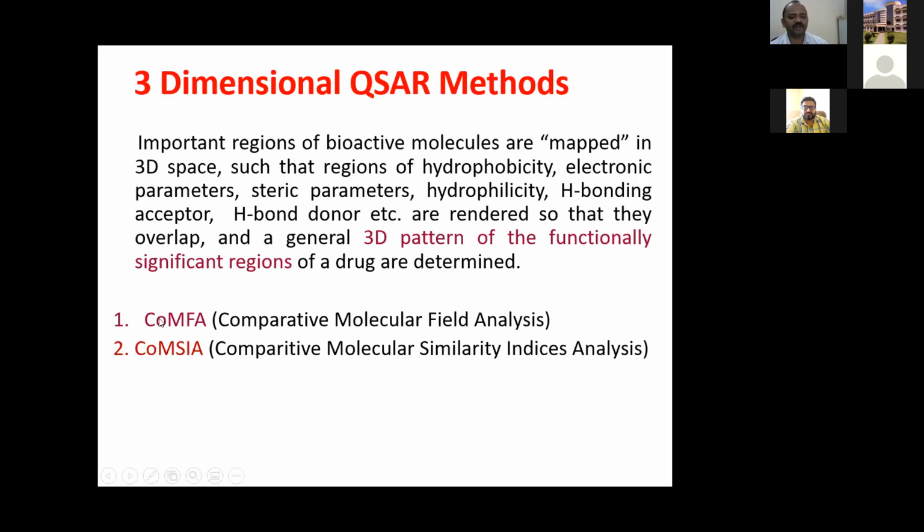Okay, so as part of 3D QSAR, what is the difference between 2D QSAR and 3D QSAR? The main difference is that in 2D QSAR we use the two-dimensional structure of the ligands or molecules, whereas in 3D QSAR we use the three-dimensional structure of the molecules. But your model is correct only if your prediction of the ligand's three-dimensional structure is correct.